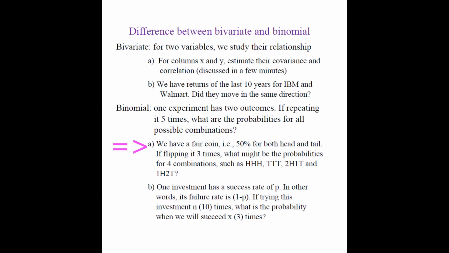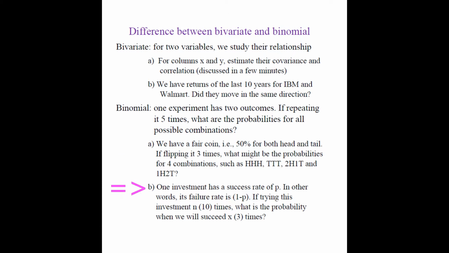For example, head, head, head, and we know the probability is 50% times 50% times 50%. How about 1 head, 2 tails, or 2 tails, 1 head? We study the different possible outcomes or probabilities.